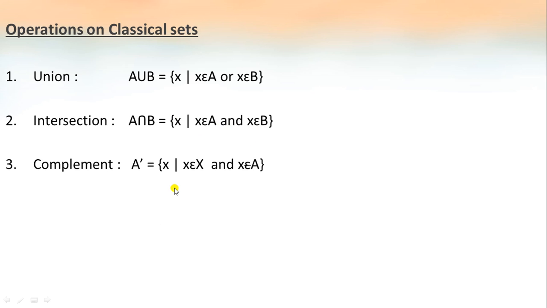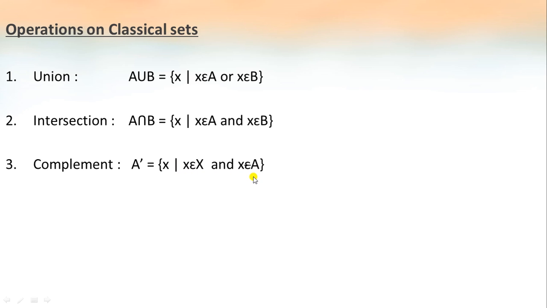Next is complement. A complement equals the set of X such that X belongs to capital X and X does not belong to A. That means we have a set A with a certain number of elements.